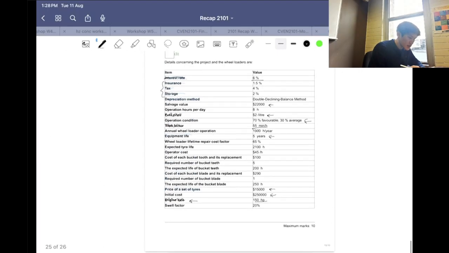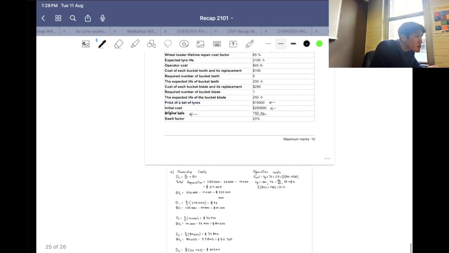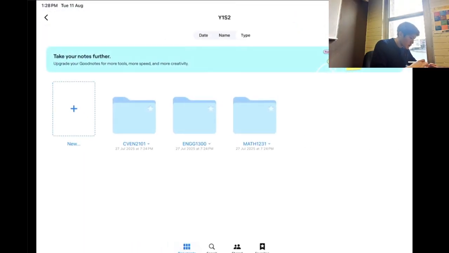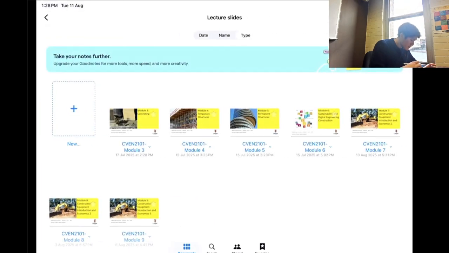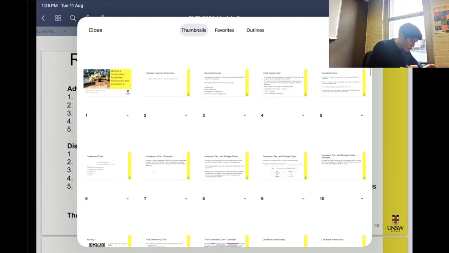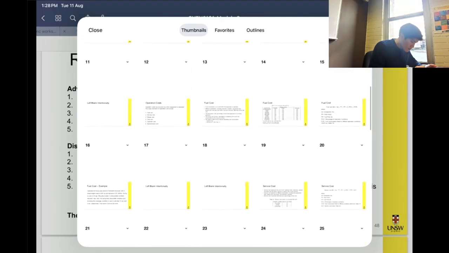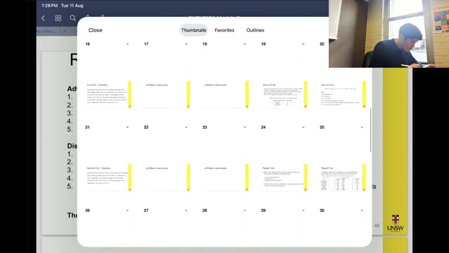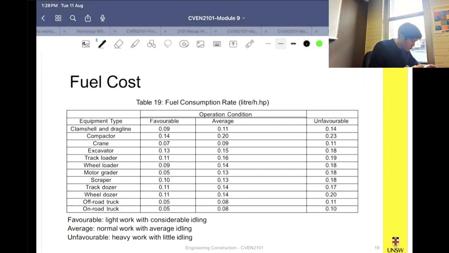FCR. Oh, it's one of the tables. I don't have it here. I think it's this one.